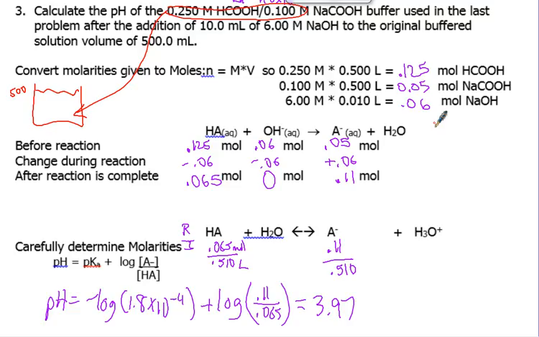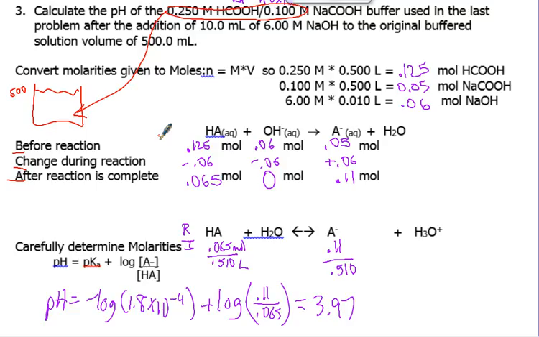So we write down all those moles in our BCA table, before, change, after. This is what we have before, and that was already in there. Which reactant are we going to use up, or which limits the reaction? The 0.06, the hydroxide. The hydroxide and the acid are going to react until one of them is used up.